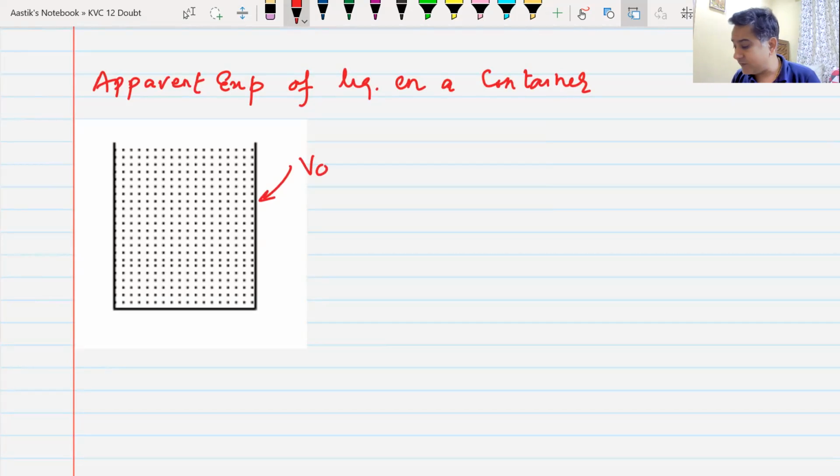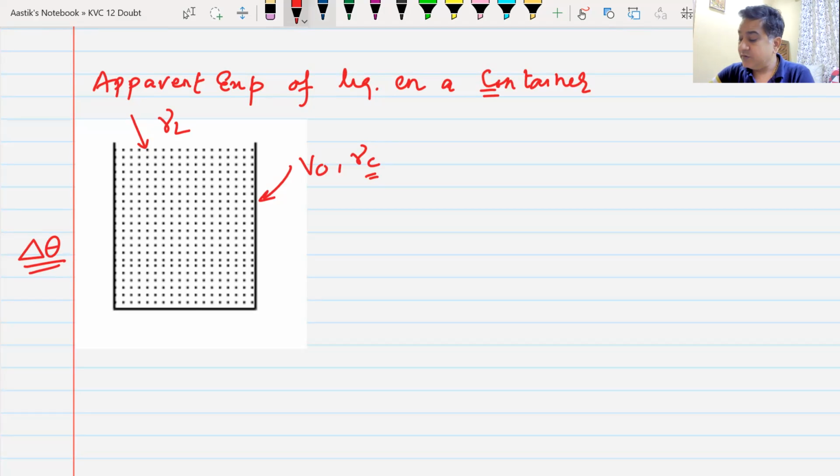It is completely filled up with this liquid. This beaker has a coefficient of expansion, let us say gamma C, C standing for container. The liquid has expansion gamma L. Now, if I change the temperature of this combination by delta theta, the liquid expands.